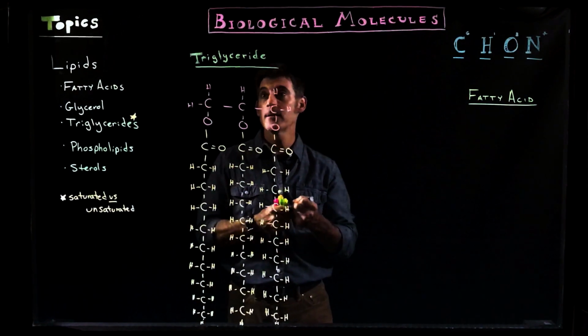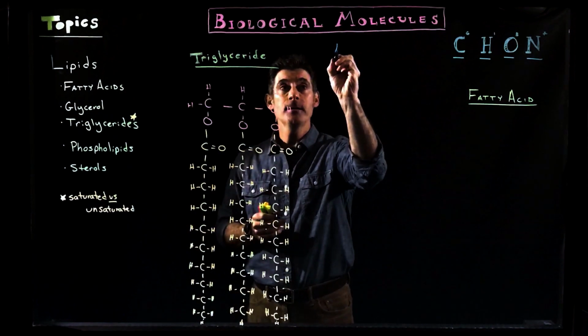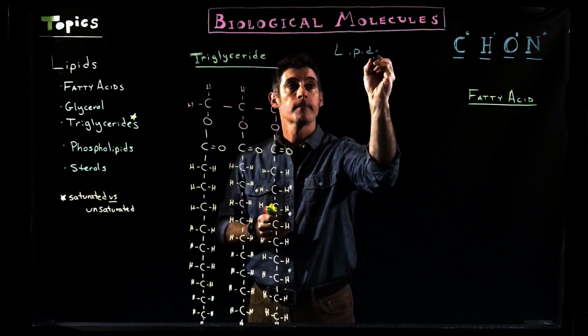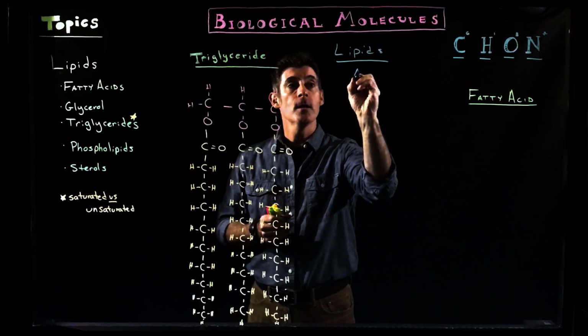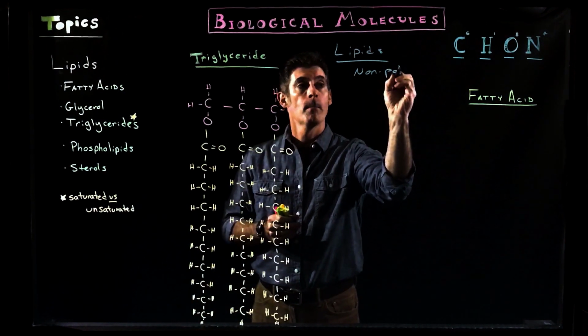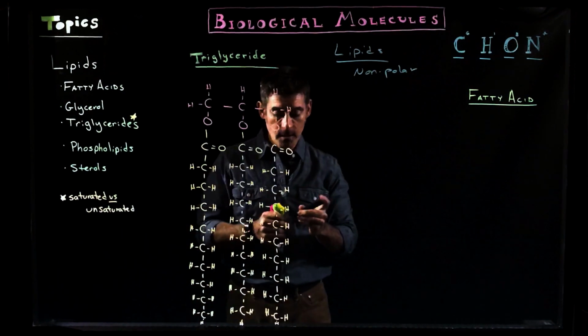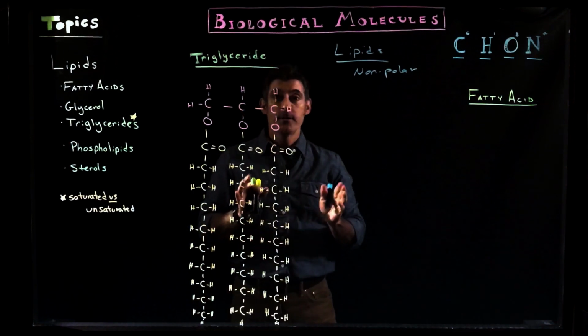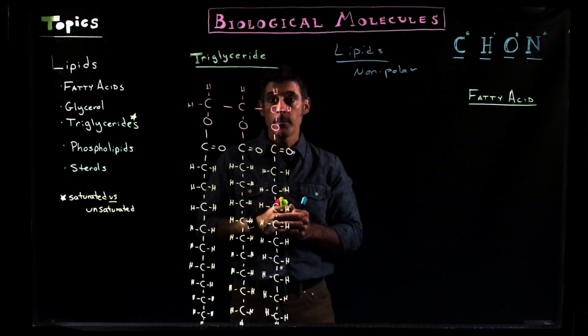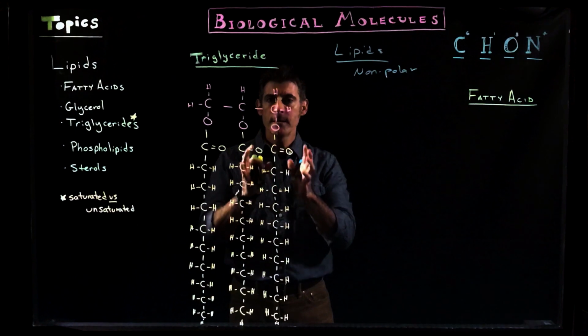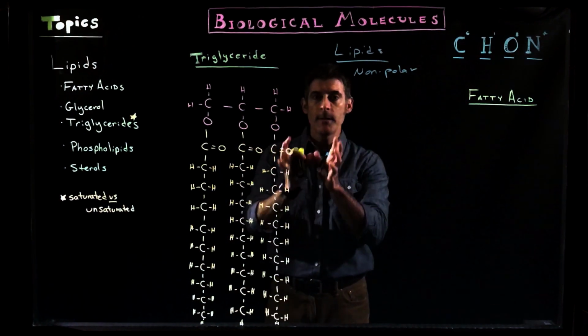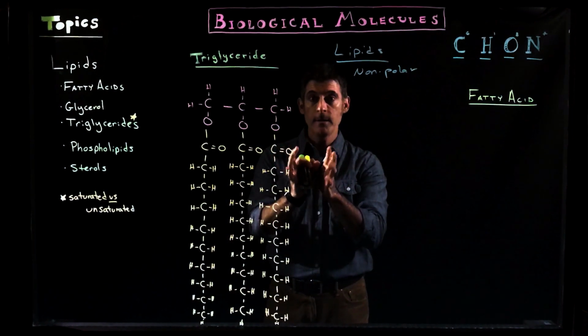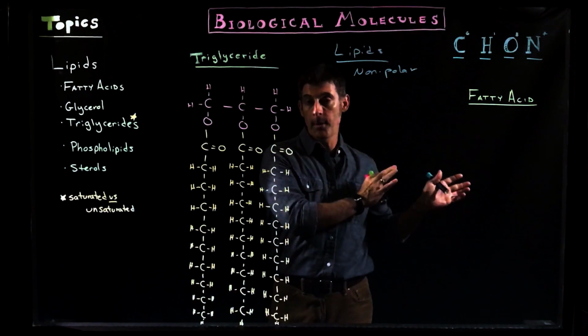One of the most common characteristics of lipids in general is simply that they're nonpolar, or at least mostly nonpolar. Now, lipids are going to be different in another way than the other biological molecules in that there isn't a single type of small monomer unit that gets repeated into polymers.